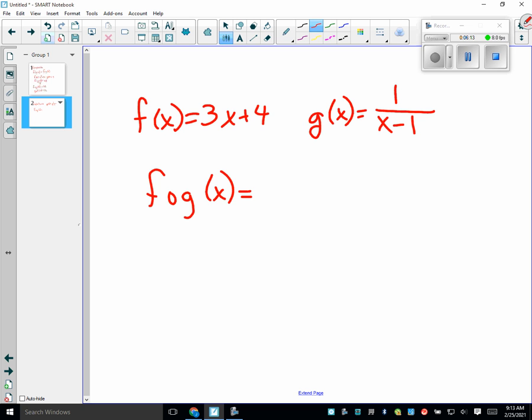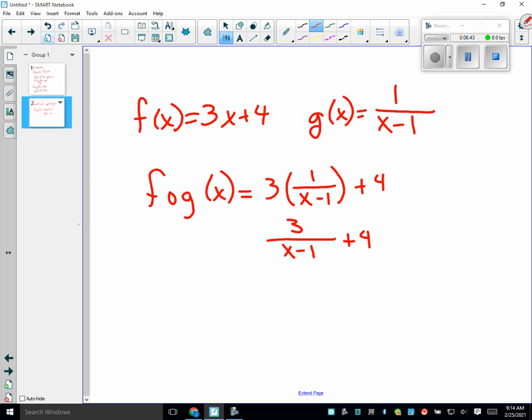So it's 3 times 1 over x minus 1 plus 4. Right? Is this 3 over x minus 1 plus 4? Are you all okay with that answer? You do not have to get a common denominator.